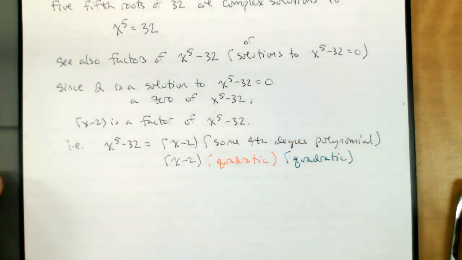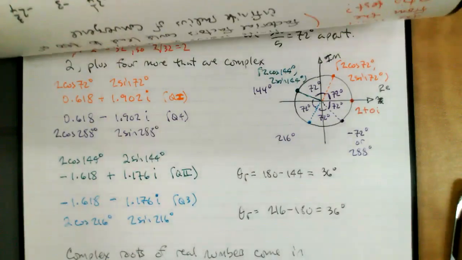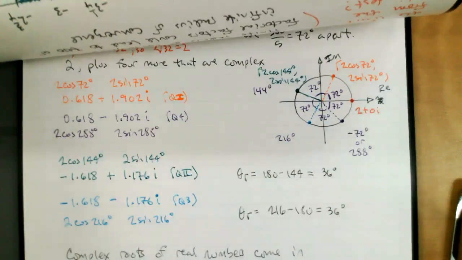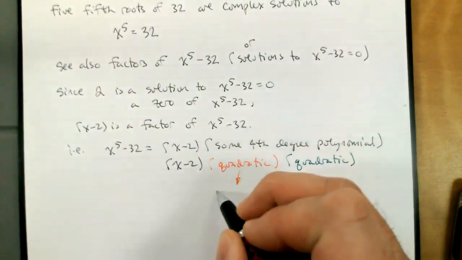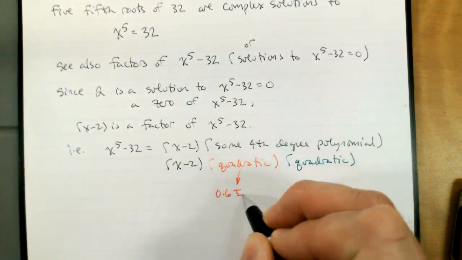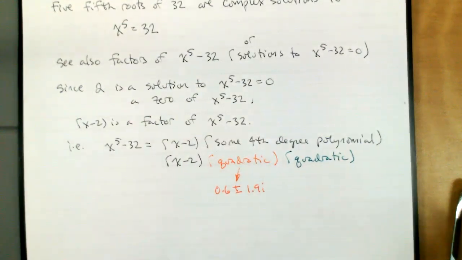One of those quadratics gives us conjugate pairs, 0.618 plus and minus 1.902i, and the other quadratic gives us the other pair.